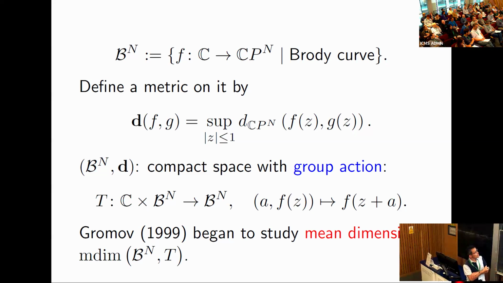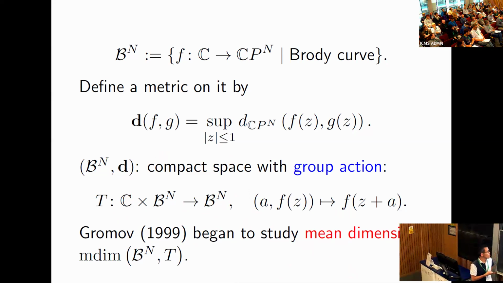This space and this action is classically called a normal family in the context of complex analysis. Gromov began to study this group action from the viewpoint of mean dimension theory. It is a new viewpoint.